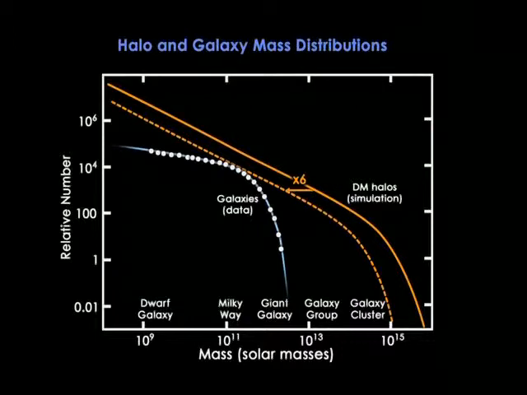Well, the good news, I suppose, is that they do match for Milky Way-sized galaxies, and the overall shape is similar. Many more small galaxies than big ones, with a steep drop in the number of big galaxies. But the bad news is that the really big halos simply don't contain really big galaxies, and there are far fewer dwarf galaxies than expected.